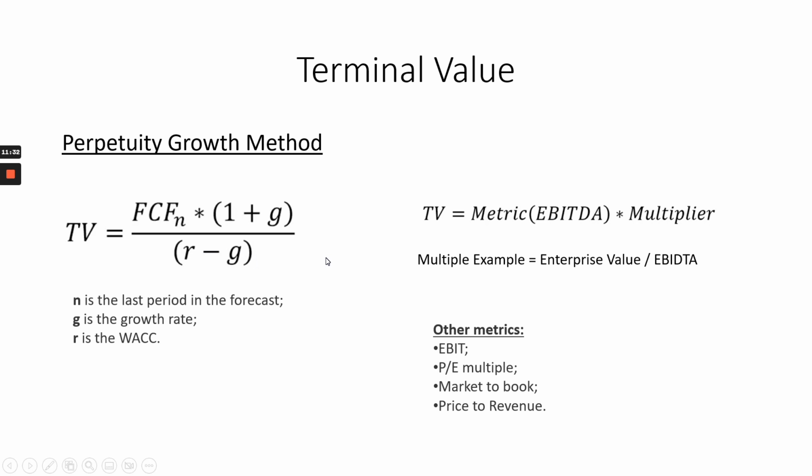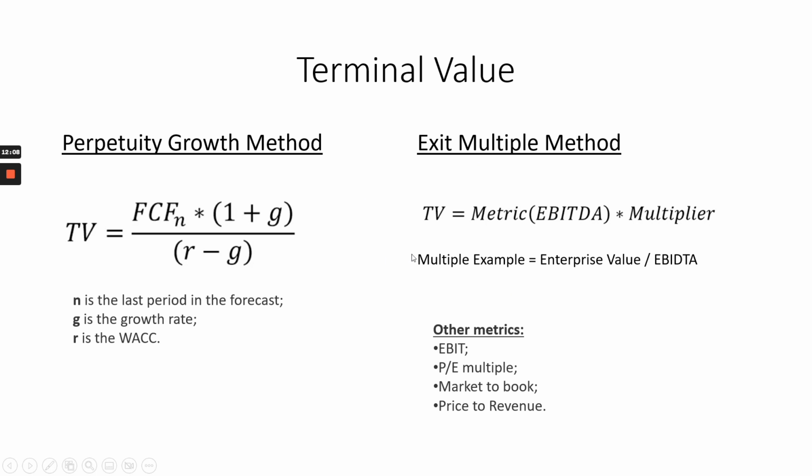The other approach is called the exit multiple approach. This assumes that the business will be sold or valued at the end of the forecast period based on a multiple of some financial metric. We usually use the EBITDA or the EBIT, which we multiply by a currently observed comparable trading multiple for similar firms in the industry.